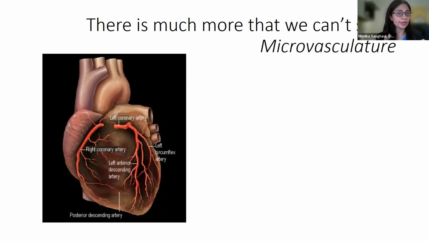So the diagram that I originally showed you that showed the blood vessels laying on top of the heart. And we think of 3 major blood vessels. And this diagram is based on what we see on angiography. So angiography shows us the major blood vessels. So that's what we use as our framework for what problems need to be fixed.